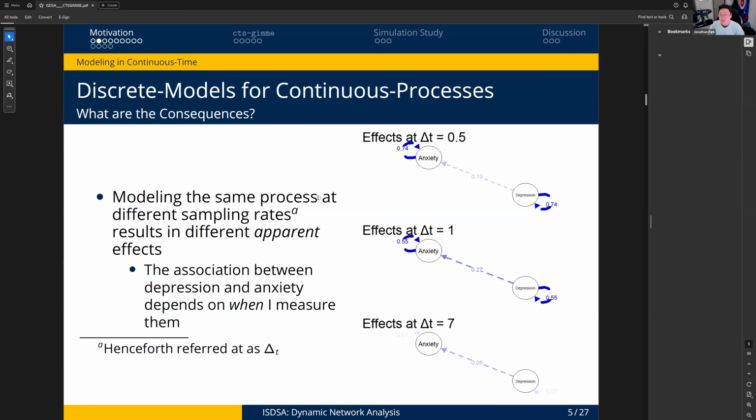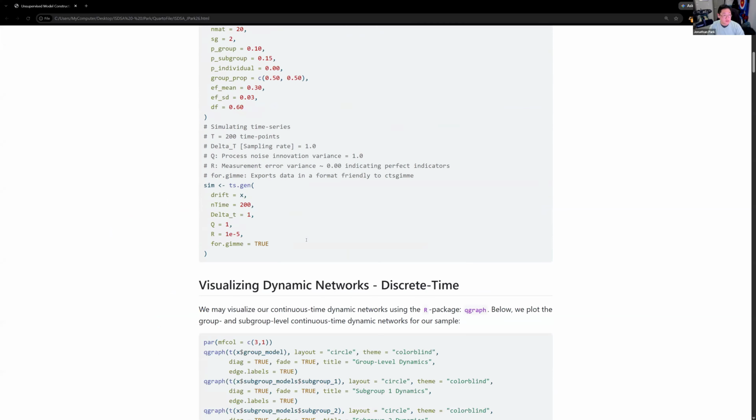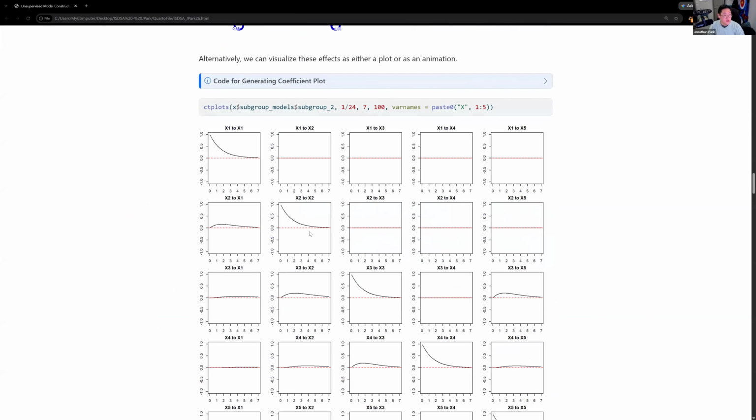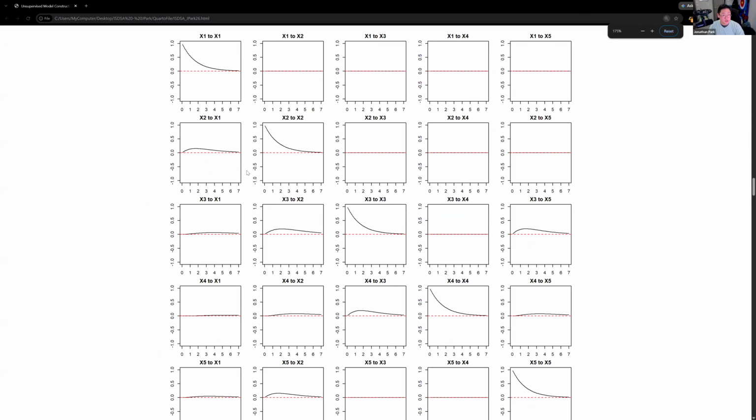Yeah, this might be best shown in this plot, right? So when we're applying the matrix exponential, we're not monotonically increasing the effect size. If you want to think about it, at very small intervals, the best predictor of the next value of your state is just the same variable at the previous time point.